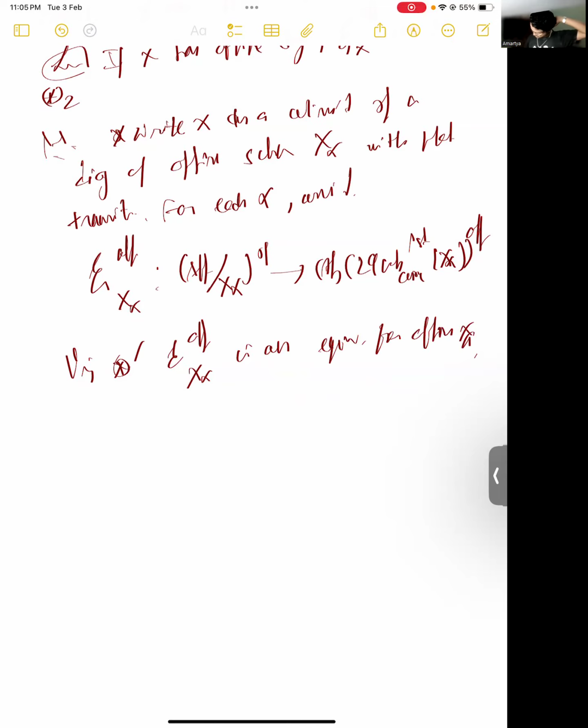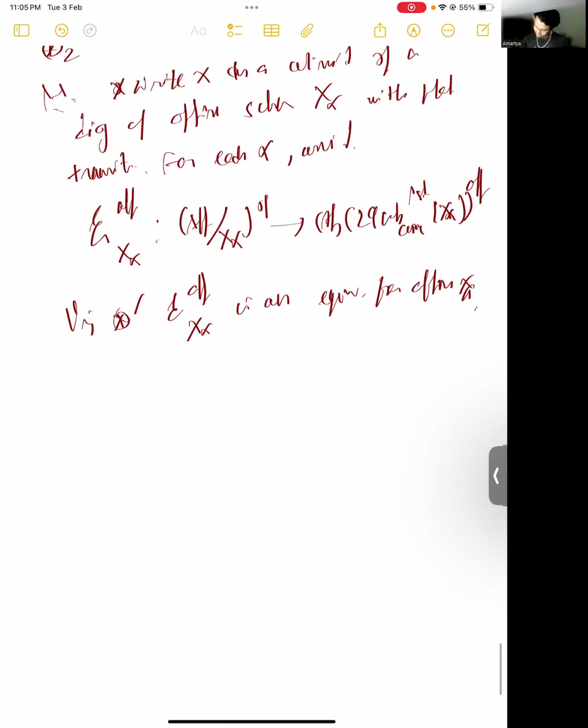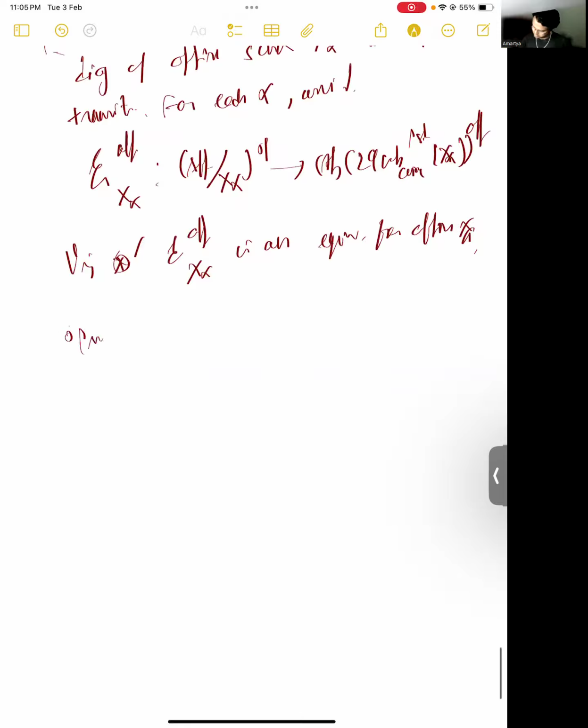Now we'll use this proposition, basically base change.